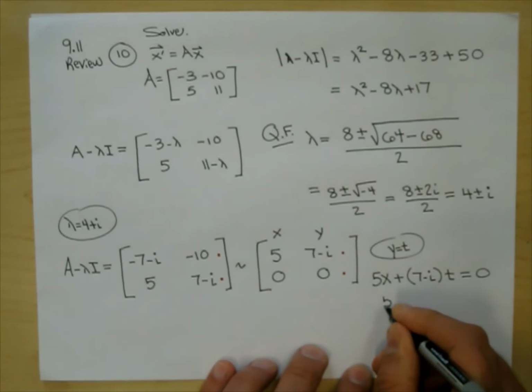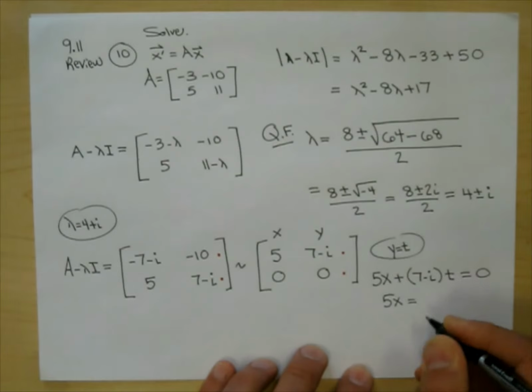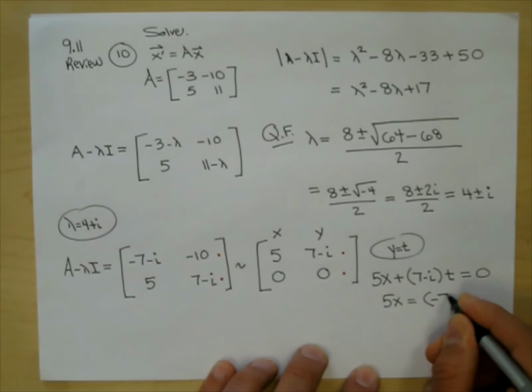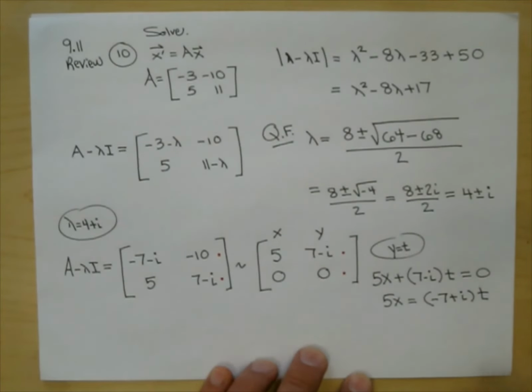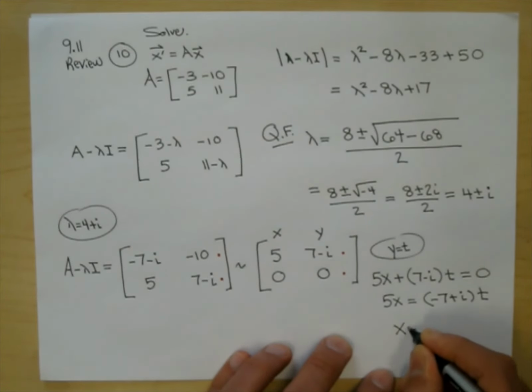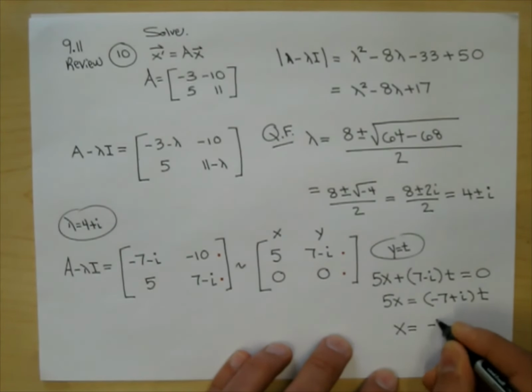So 5x equals negative (7 minus I) times t, bringing that over to the right-hand side of the equation, and x equals negative (7 minus I) over 5, and then t.